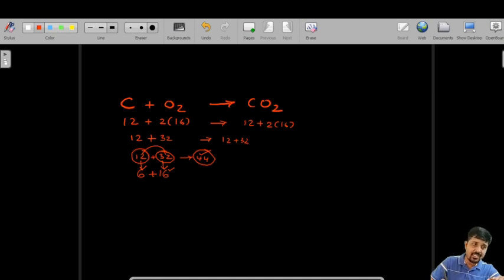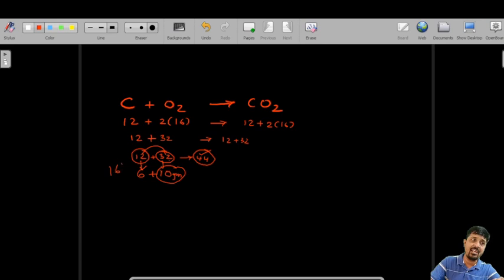What happens if 16 grams of oxygen is not there and we have only 10 grams of oxygen? I am not saying that the reaction won't happen; the reaction will happen. But you have to understand that oxygen is the reactant available in less quantity than required.